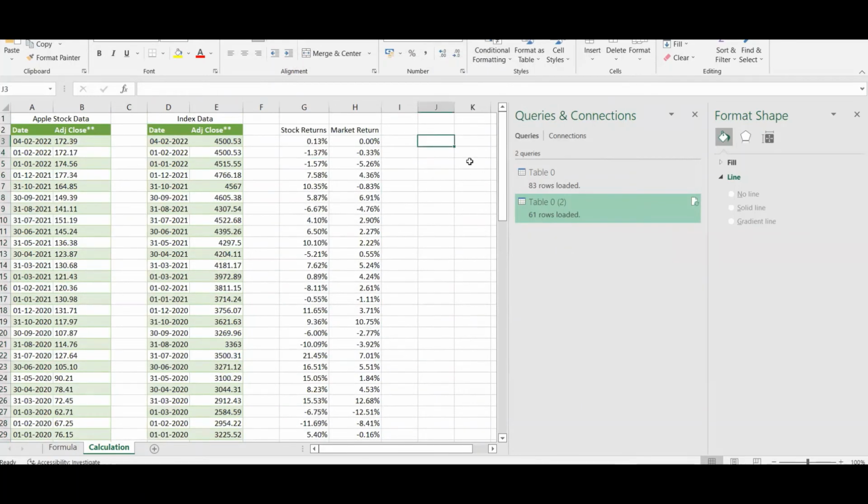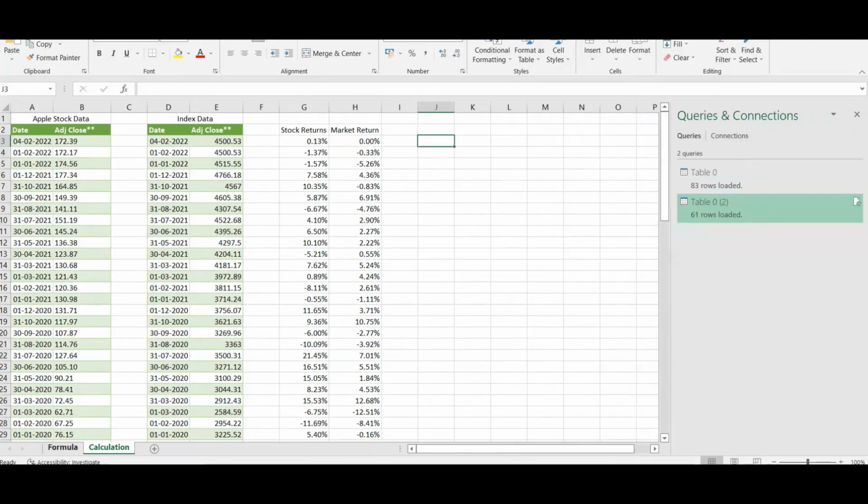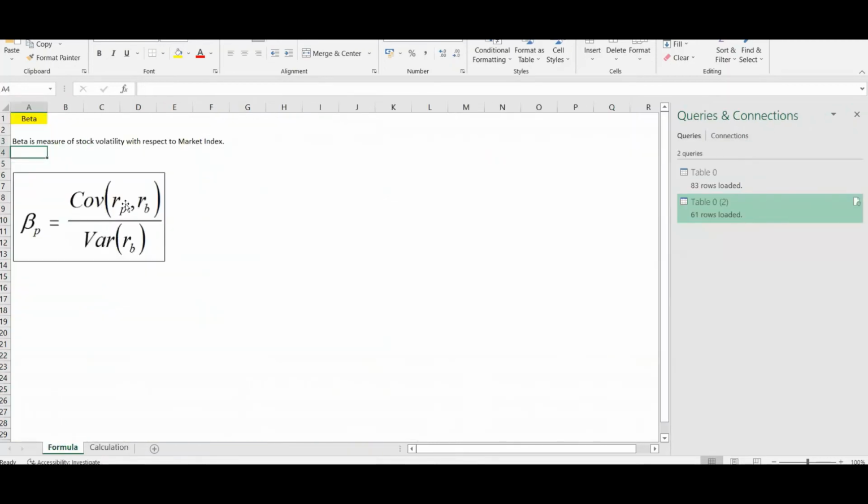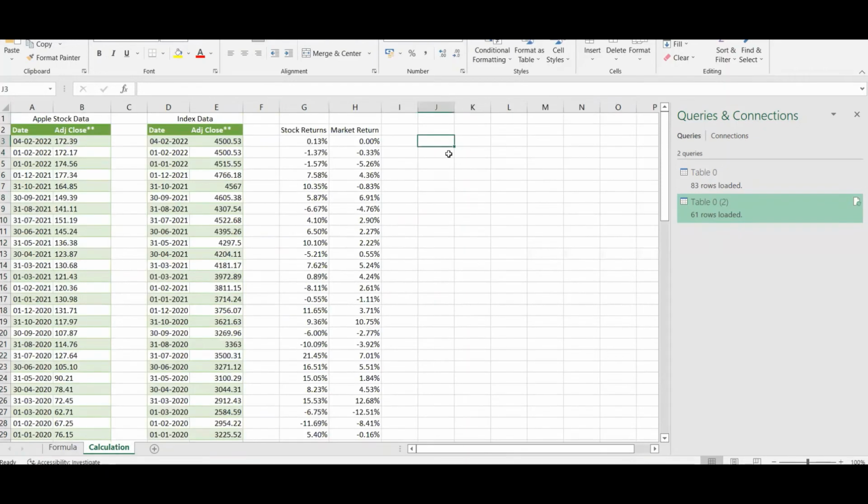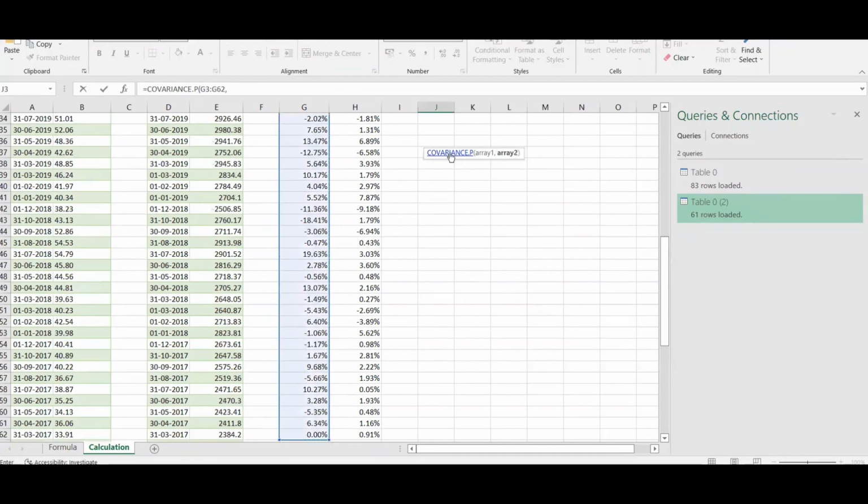As per the formula that we had, let's calculate the covariance between the return of your stock and the return of your market, divided by the variance of the market. So I'm calculating this as equal to the covariance of this stock return array and your market return array, divided by the variance of the market.